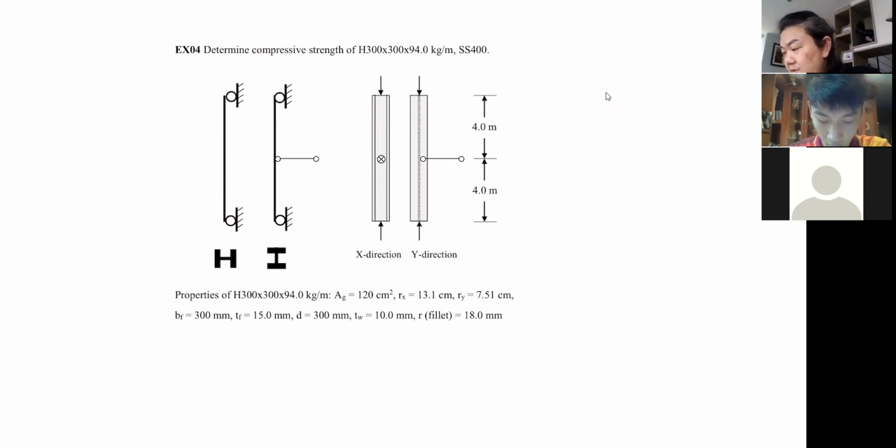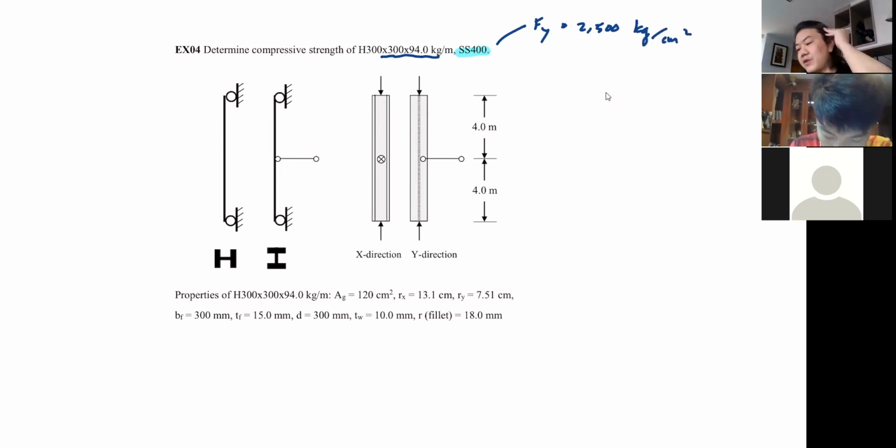We have the H 300 by 300 by 94 kilogram per meter, and the grade is SS 400. This is very important for you. Okay, so now you must know that Fy is 2500 kilogram per square centimeter.